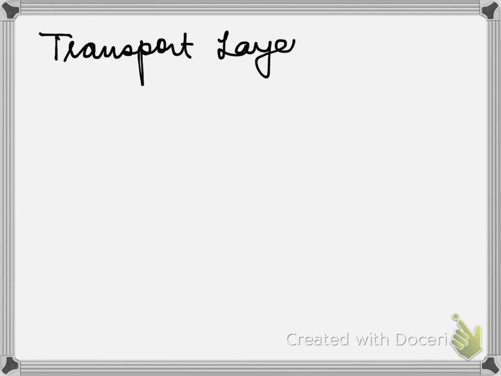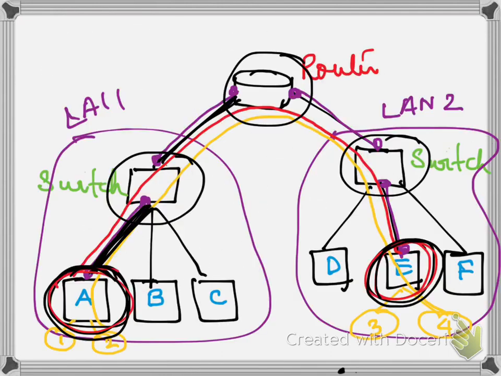And finally, at the transport layer, we want to identify the process. So our process is process number 2. Within a particular device, let's say A, I have multiple processes working.